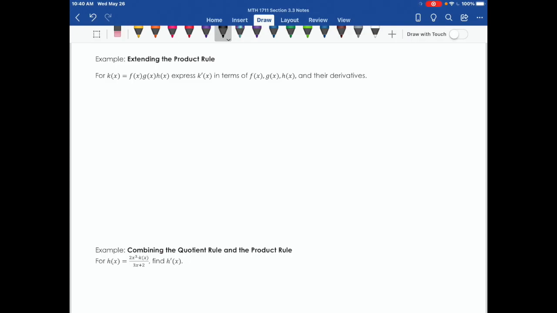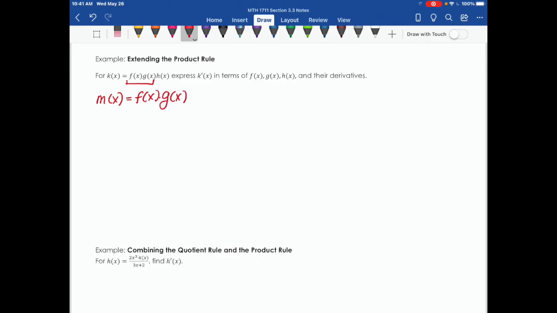And we have a function k of x that's defined by the product of three functions. We have f of x, g of x, and h of x. So we need to obviously use the product rule because we have f of x times g of x times h of x. But what we're going to do is first rename f of x times g of x. We'll come up with a different name.